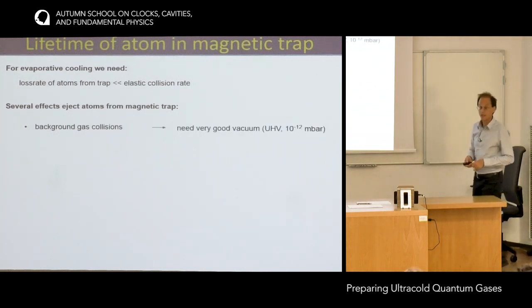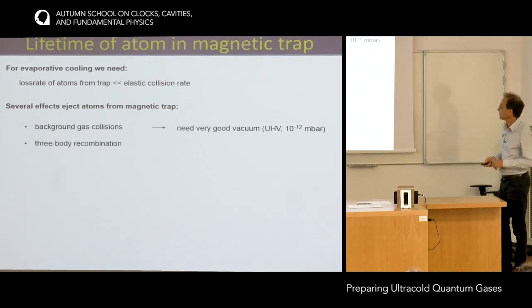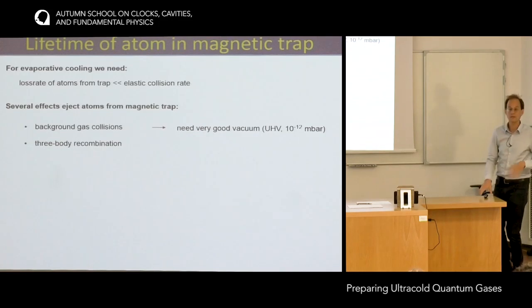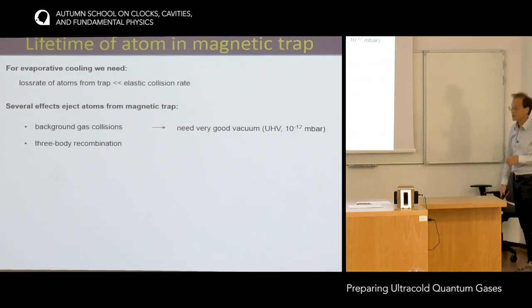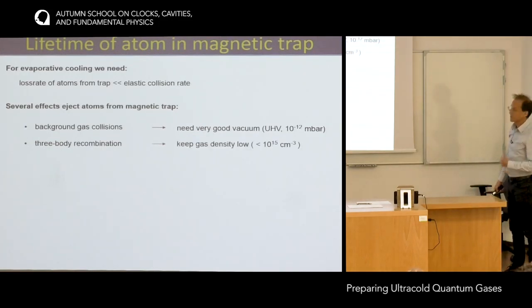So we need very good vacuum to create Bose-Einstein condensates. Second, three-body recombination. Three atoms can get close to each other to form a molecule. You need the third for momentum conservation, just as described before. So we need to keep the gas density low.